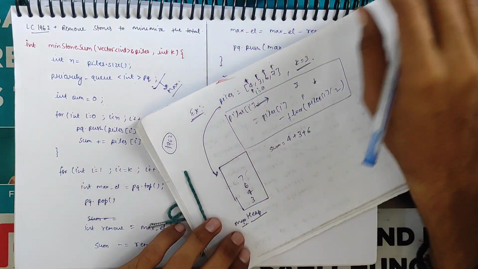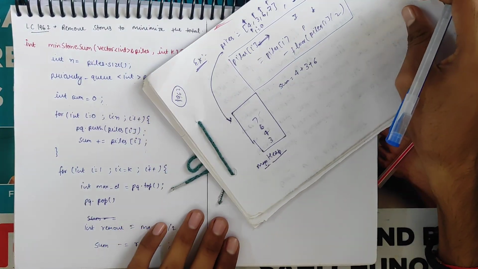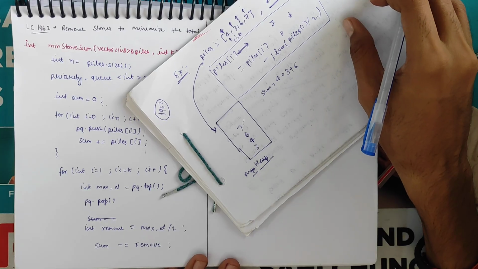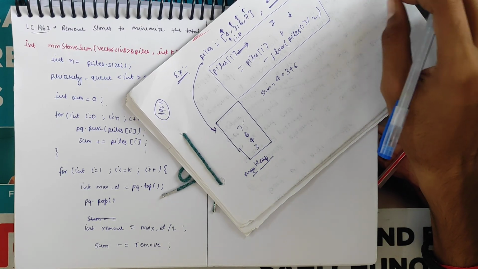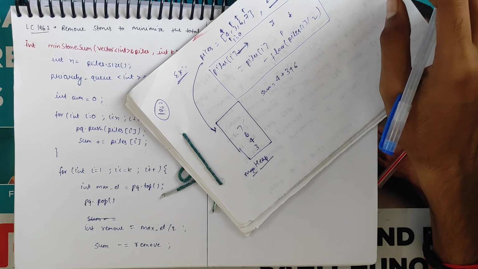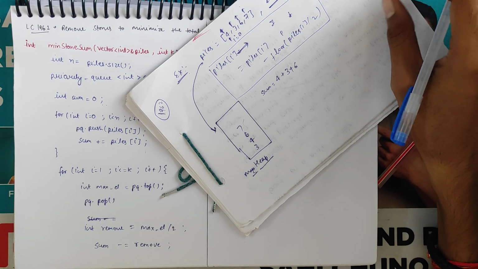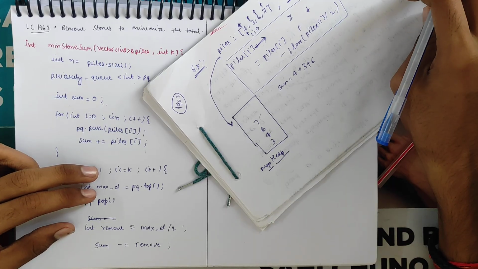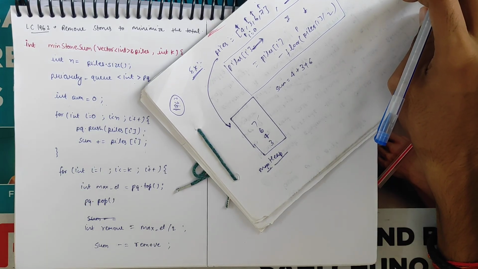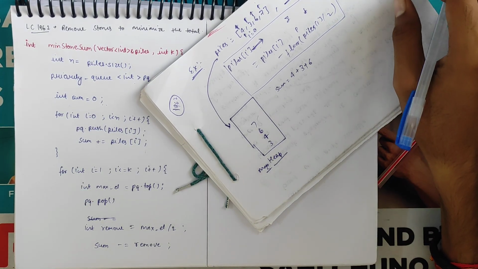After this we will be iterating for k operations to remove as many stones as possible from the max heap. So we iterate in a for loop from i equal to 1 to i equal to k, because we are given k operations to perform.